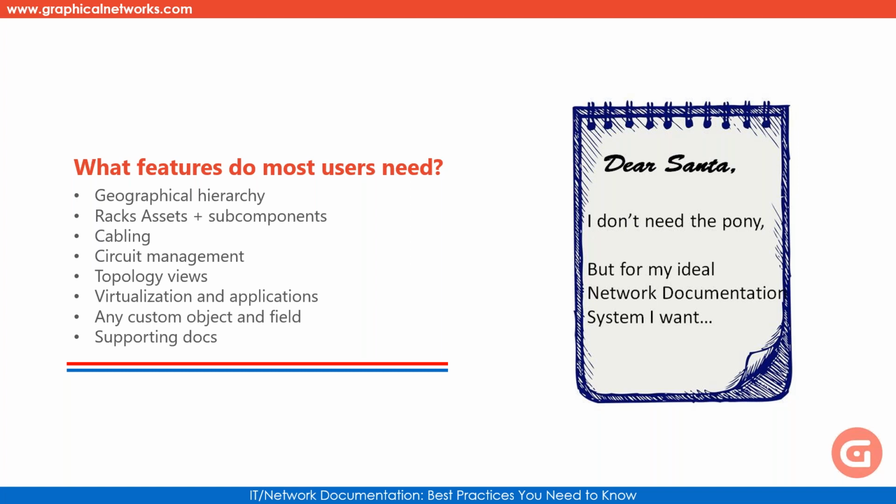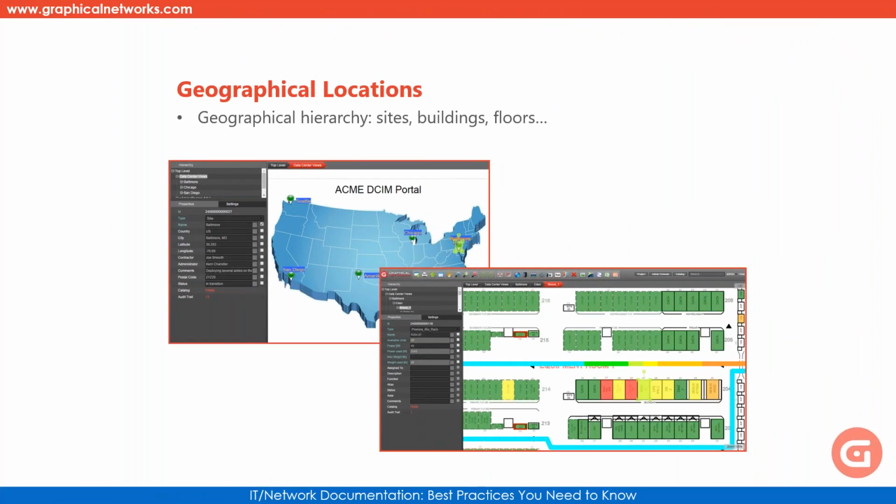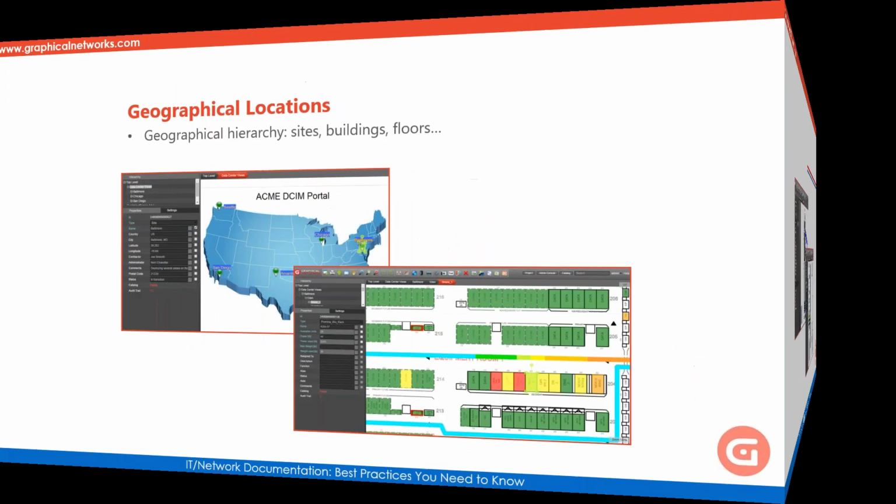Some customers think of network documentation as a way to help visualize their different applications. For example, geographical locations. People want to see where their sites are located. They like to see data center rooms, telecom rooms with their racks, and also equipment in the racks.